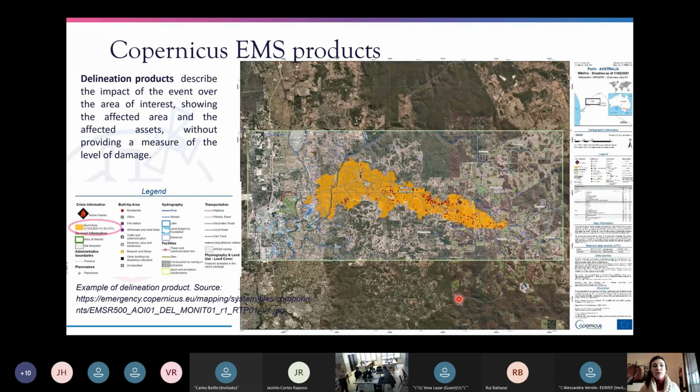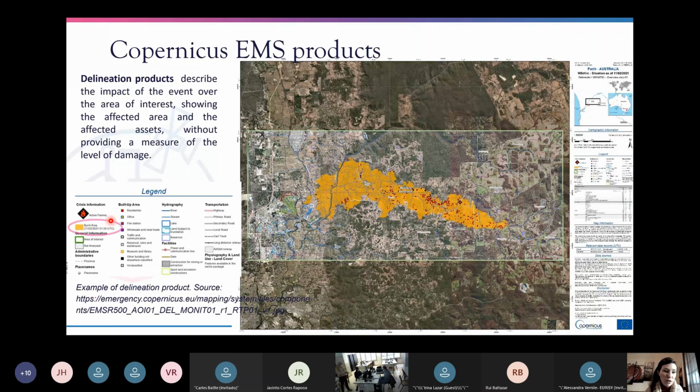Then we have what is called the delineation product. Delineation product means that the purpose of this map is to show basically the perimeter of the area which is affected, without measuring the level of damage. So here we see an example of a delineation map for a fire.